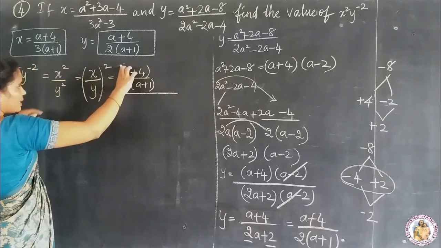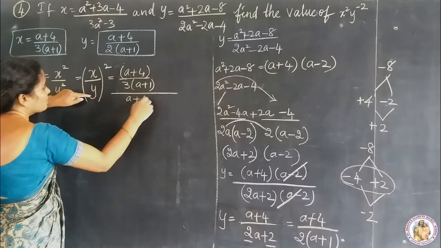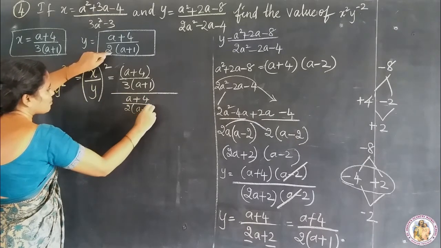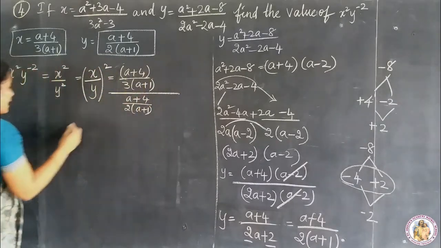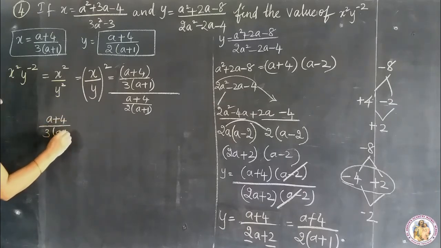Divided by the value of x and divided by y. So write a plus 4 divided by 2a plus 1. Okay, now it is under division. Now we can write as we feel comfortable, a plus 4 divided by 3a plus 1.